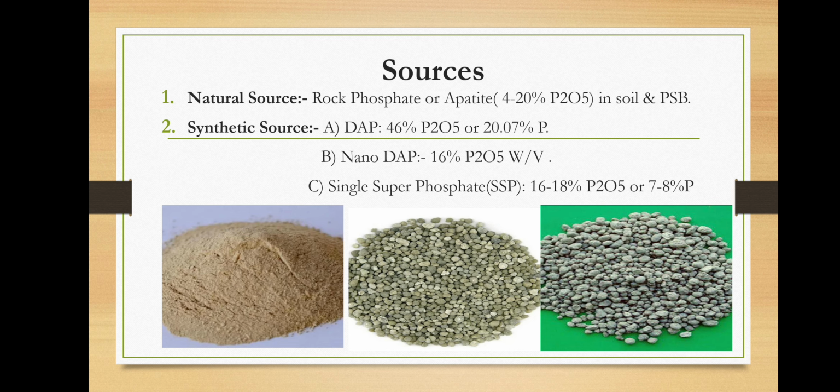And when we come to synthetic sources, what are synthetic sources? DAP, diammonium phosphate, is a commonly used fertilizer before sowing.